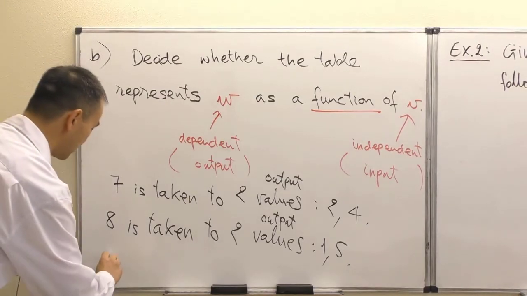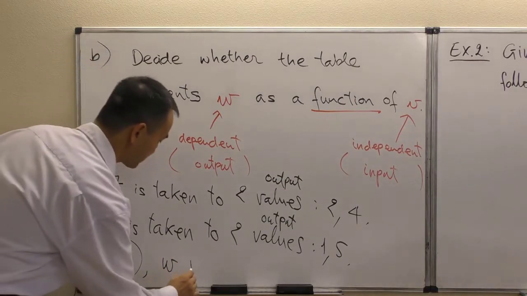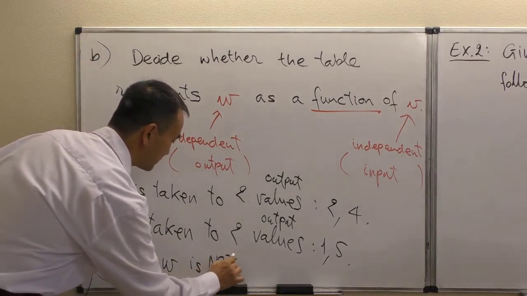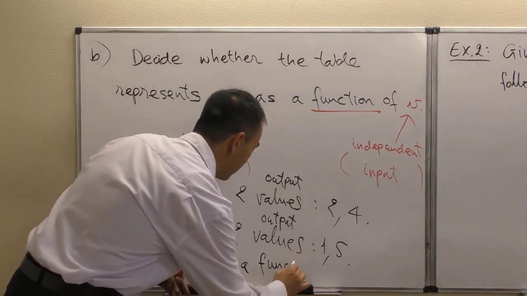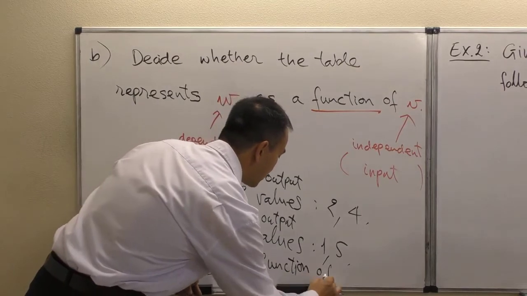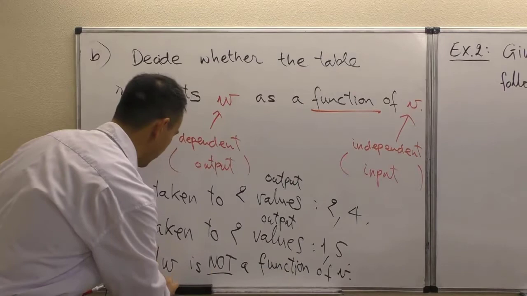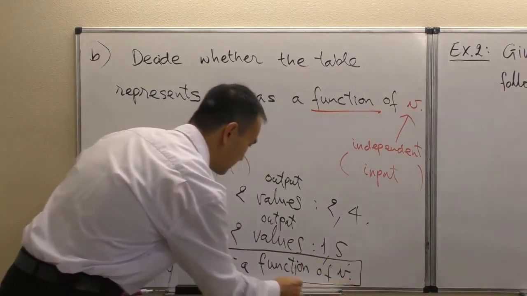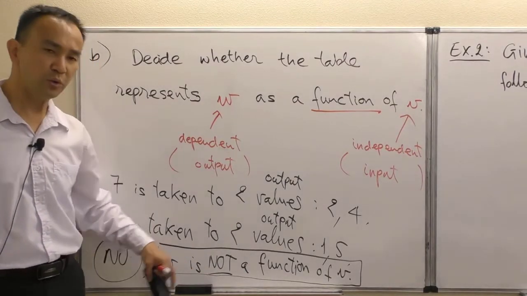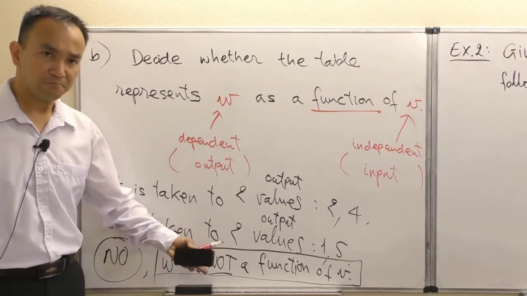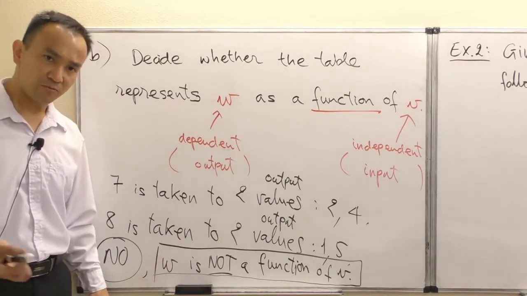So, nope, W is not a function of V. As soon as we concluded that it fails to be a function, I don't even have to write W equals a function of V anymore, because it's already failed. So that's what happens with these kinds of problems.